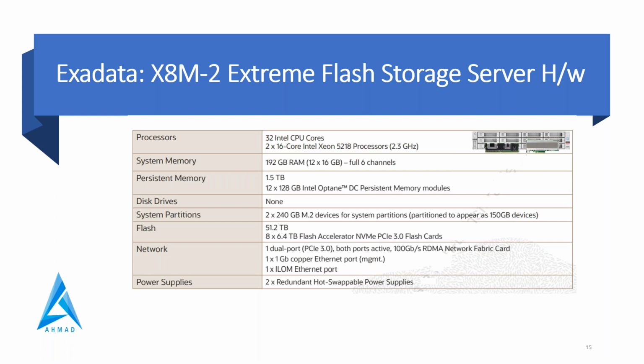So you can see the processor, system memory, persistent memory. The values are changing. This Exadata extreme flash storage server was first introduced with Exadata X5. It is the foundation of the database-optimized all-flash Exadata database machine.